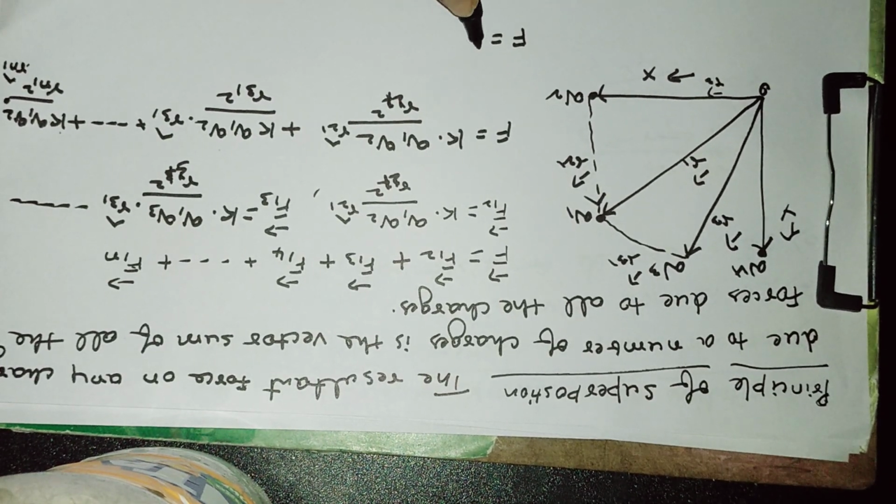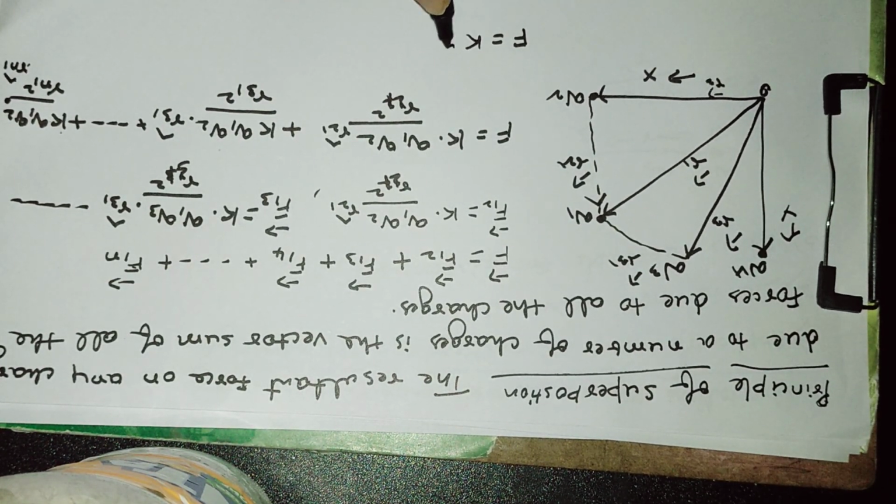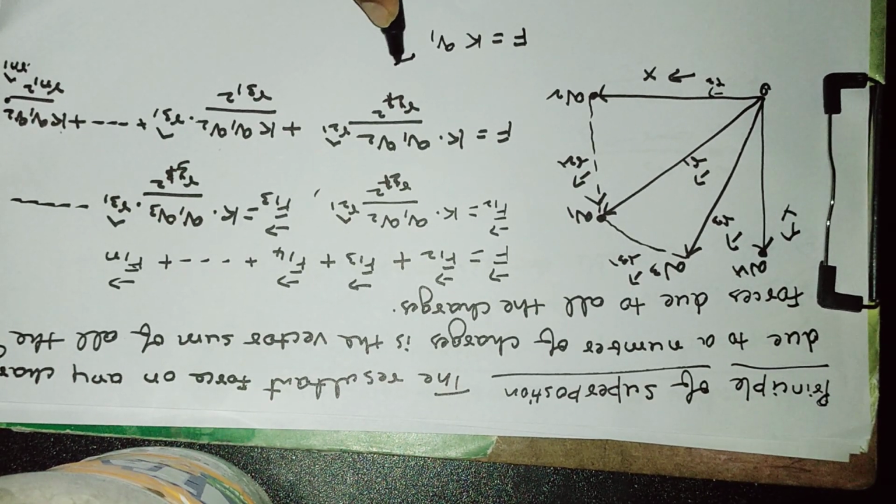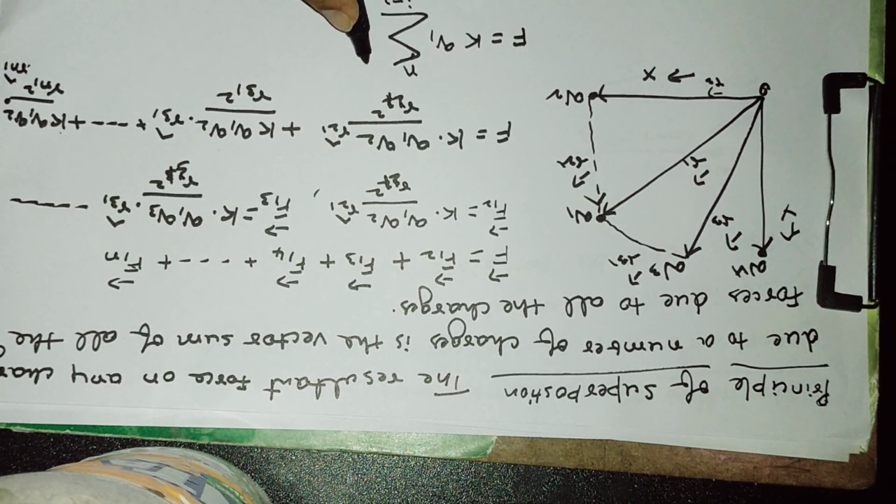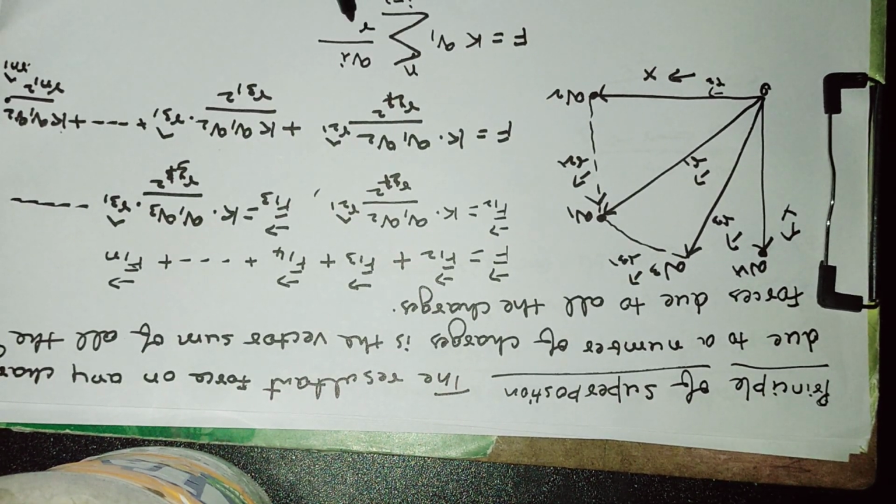So I may write it as K into q1 into sigma, i runs from 2 to n, qi divided by ri1 square into ri1 cap. See, K is the common term in every term.